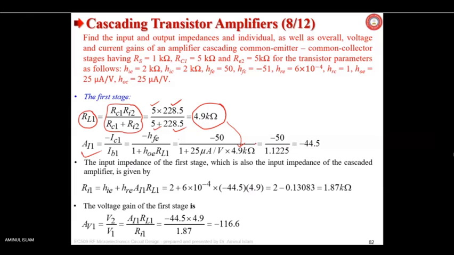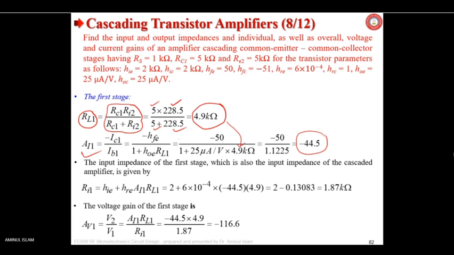So at the end we get minus 44.5 as the current gain of the first stage or common emitter stage. Everybody understood up to this point?